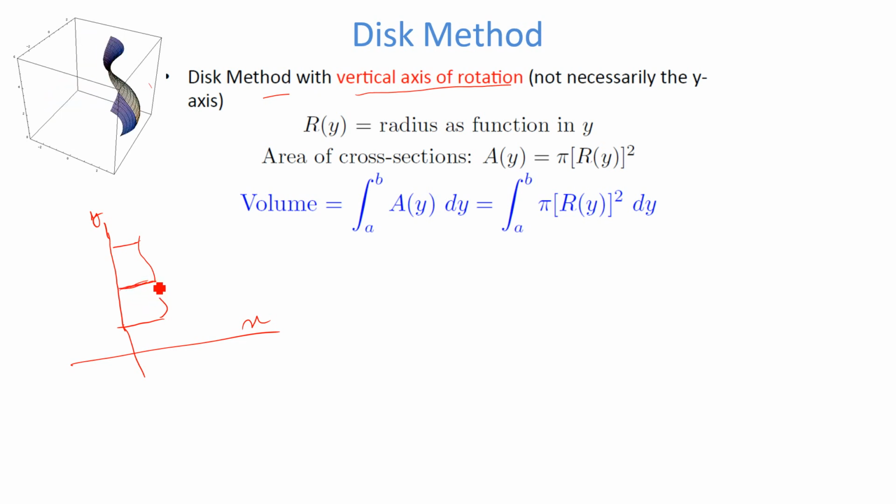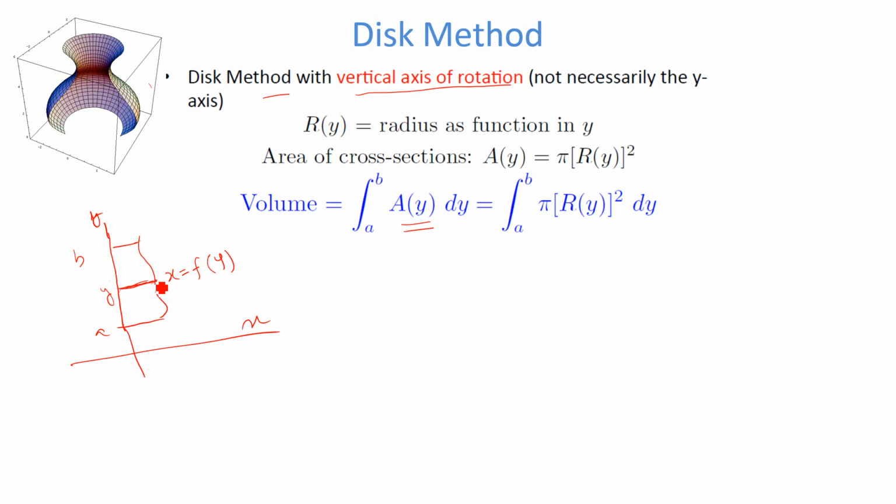This is the value of x at some y from a to b. This is y. This is the value of x. That is, we have to convert our representation of the function to x as a function of y. So we have to find this. This is the radius in this case. So our area is going to be a function of y now. So the volume will be the integral from a to b of pi r(y) squared dy.